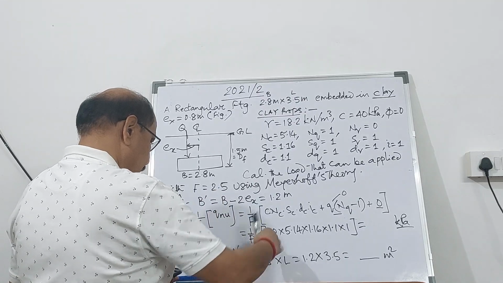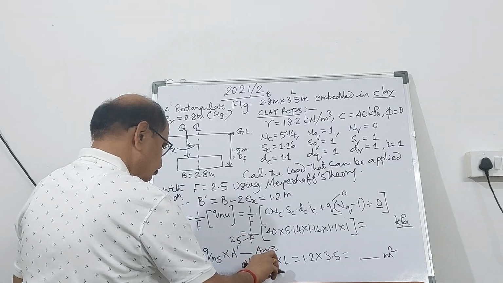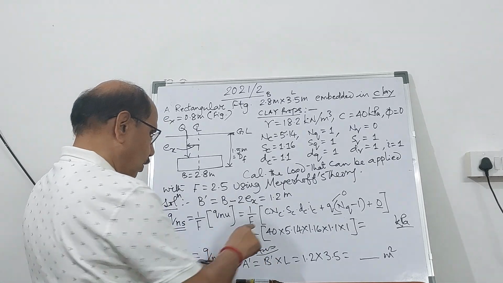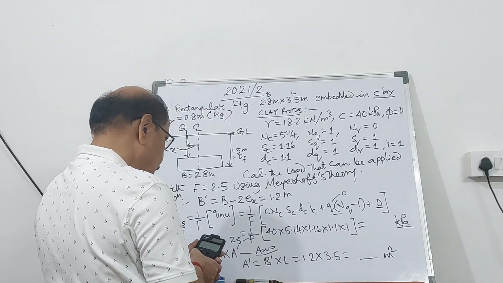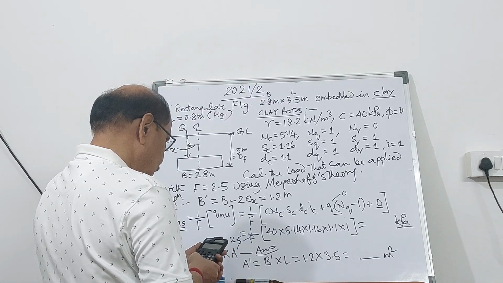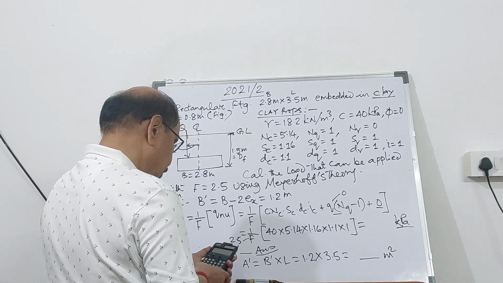So this becomes 1 upon 2.5. So 40 into 5.14, into the shape and depth factors.